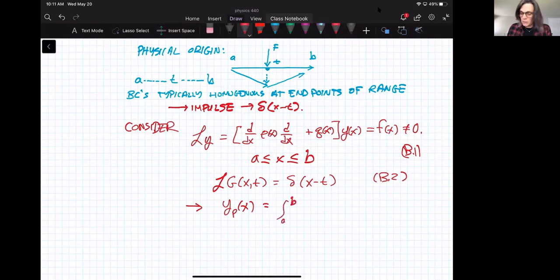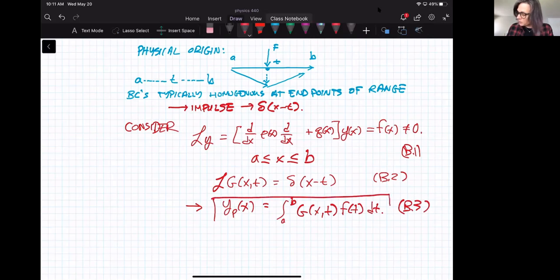whatever the inhomogeneous part of the differential equation is. In other words, we've spent the good part of 2 weeks solving homogeneous partial differential equations and even ordinary differential equations.